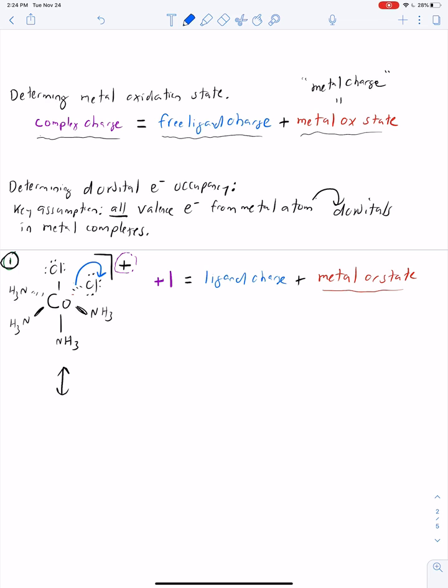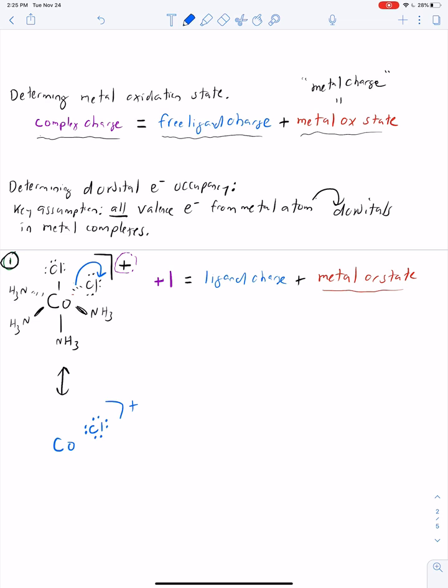We want to think about its charge. What we're really doing is imagining, let's pretend that the metal ligand bond breaks, and then that ligand is no longer bonded to the metal, and we've given the ligand the 2 electrons that once were part of that metal ligand bond. And we ask the question, what is the charge of the ligand?